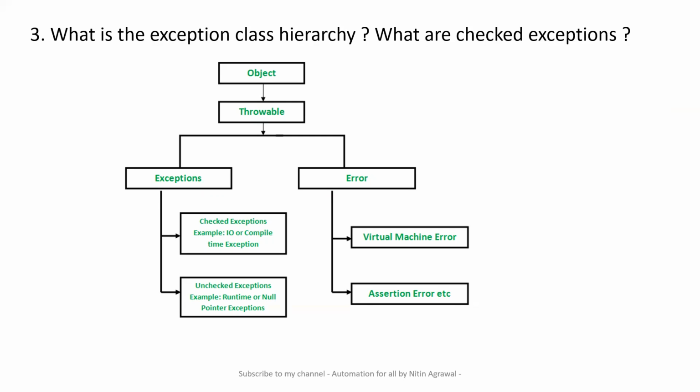Errors are those that cannot be recovered. Examples of those are virtual machine error, assertion error, memory leakage error, etc. So if you understand this exception hierarchy thoroughly, then you can easily answer the questions.